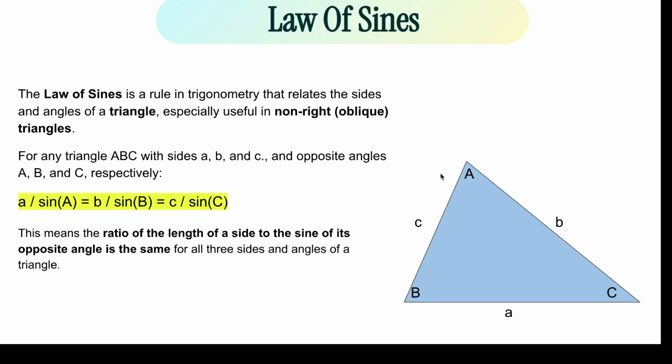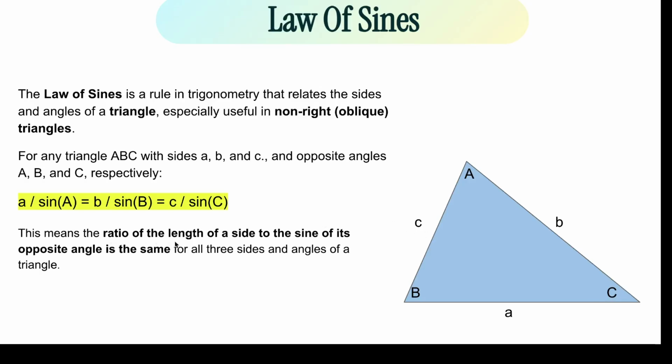For any triangle ABC with sides a, b, c and opposite angles A, B, C, the formula says that a side divided by the sine of the angle opposite to that side is equal to the other side divided by the sine of the angle opposite to that side, and is also equal to the third side divided by the sine of the angle opposite to that side.